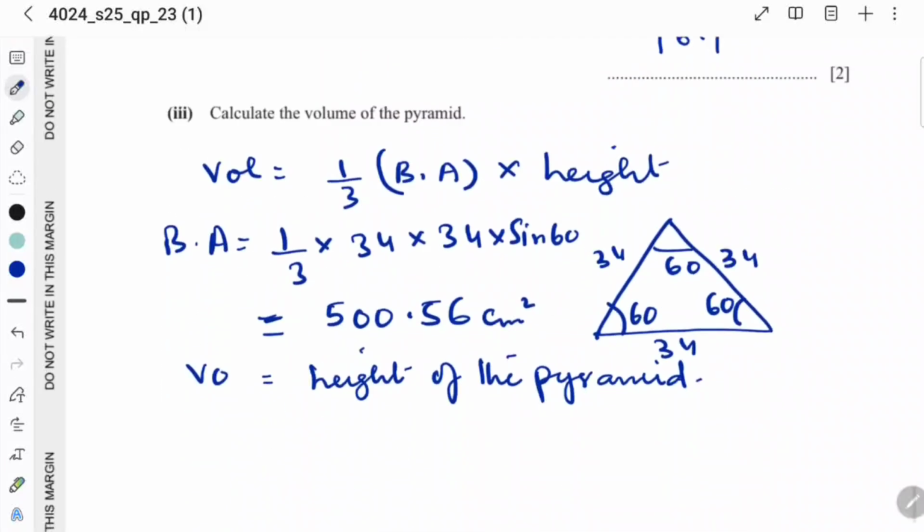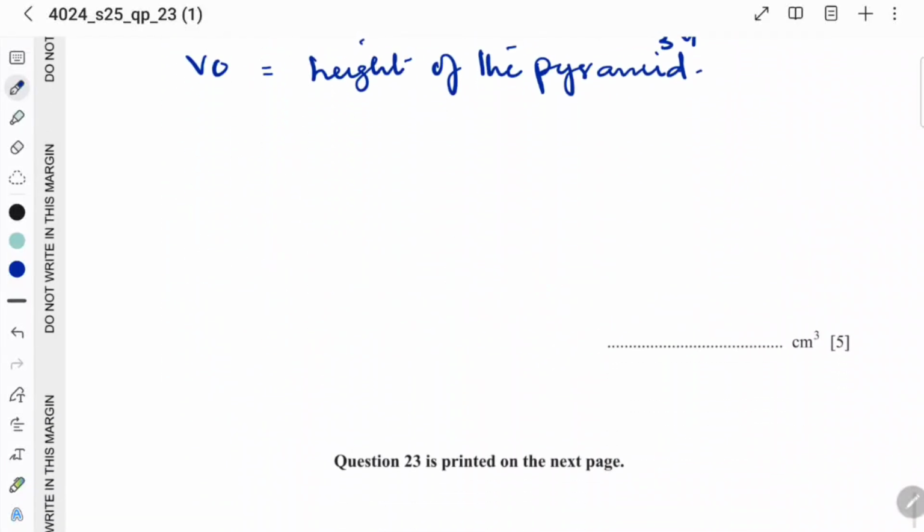So I'm drawing the diagram here. That is 90 degree, VO is the height, and then 19.6 we have already calculated, and then 82. So you just calculate the height.